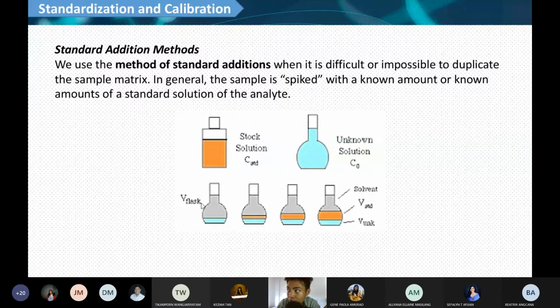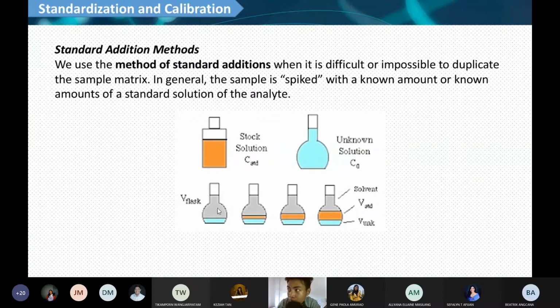The two will have different instrument responses because the concentration of your unknown changes due to the introduction of the stock or standard solution.